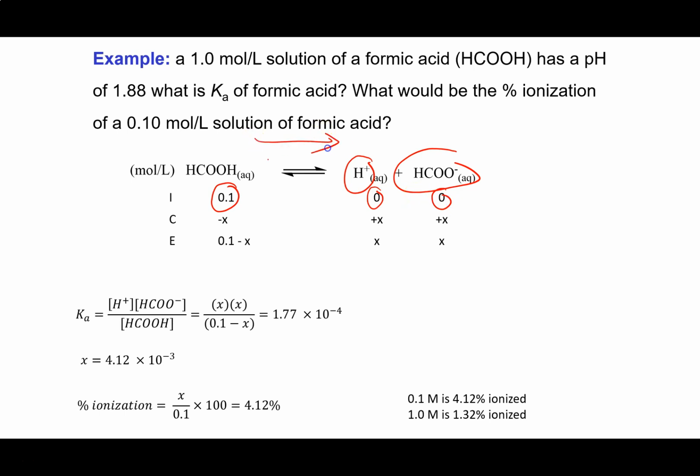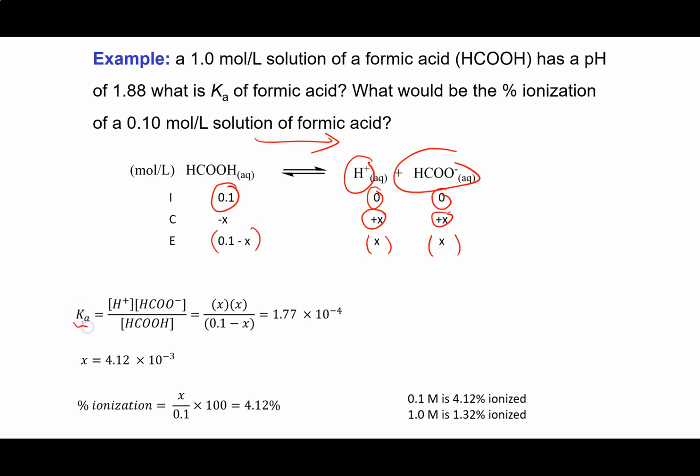Then it's going to move to the right to come into equilibrium. It's got to go to the right because these are 0. So this is going to go down by X, and then these two each will increase by X because the stoichiometry is all 1 to 1 to 1. So at equilibrium, I will have 0.1 minus X of my formic acid and then X moles per liter of each of my two products.